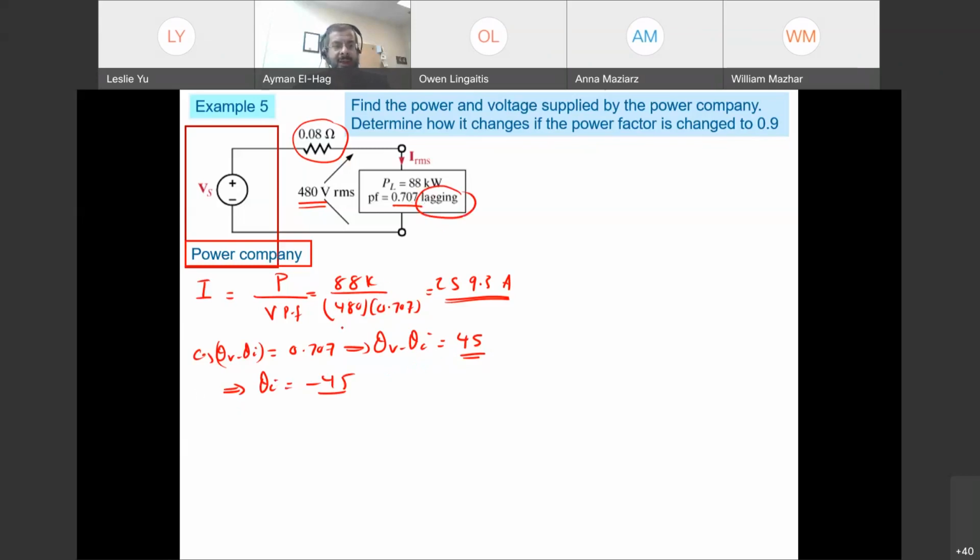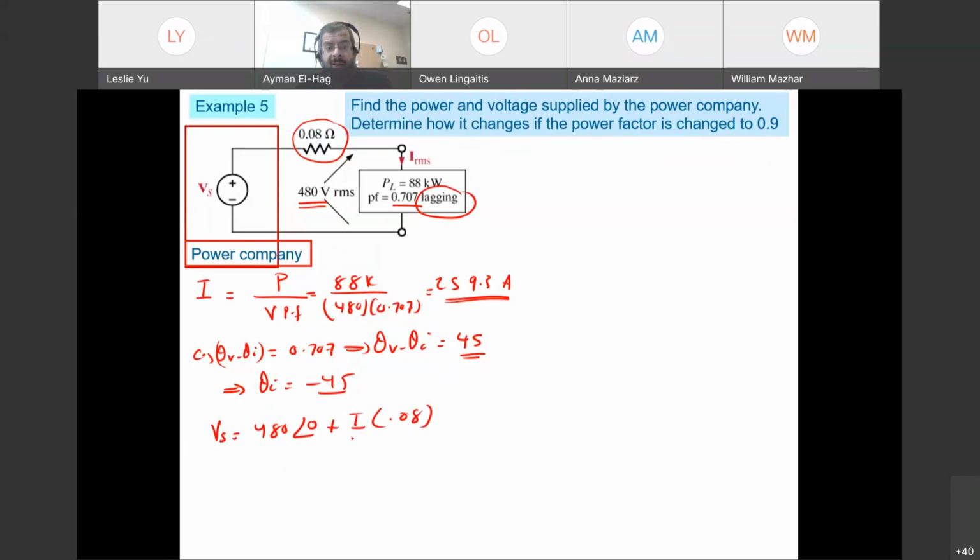So we know the current. Now we can find your Vs, which is 480 with an angle of 0. And someone may ask, why is it angle 0? We said that this is a reference voltage. Even if it's not given, we can assume it equals 0, plus I times 0.08.